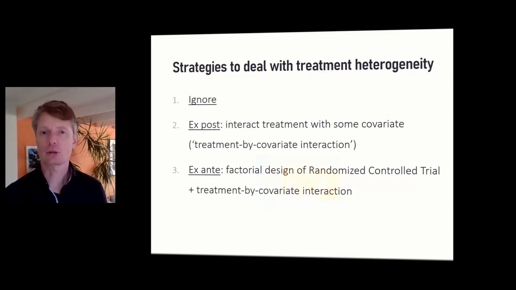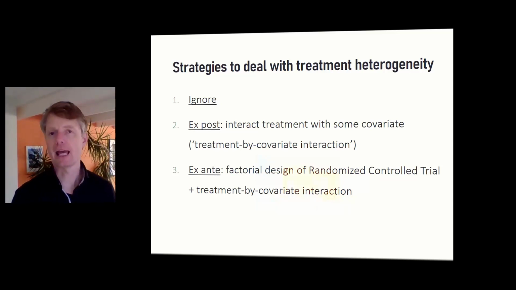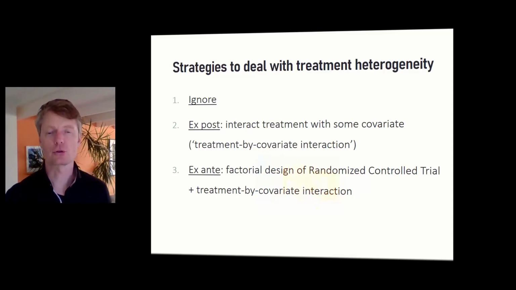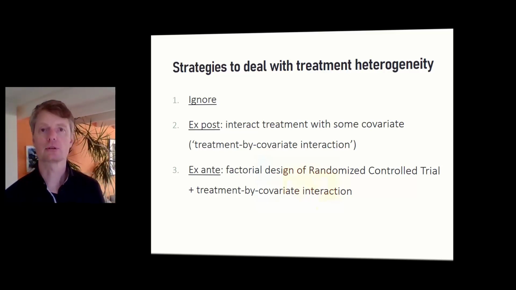And in that case, you are going to use a so-called factorial design of your RCT, and then after the data come in, you can also use these treatment by covariate interactions to test for the presence of treatment heterogeneity.